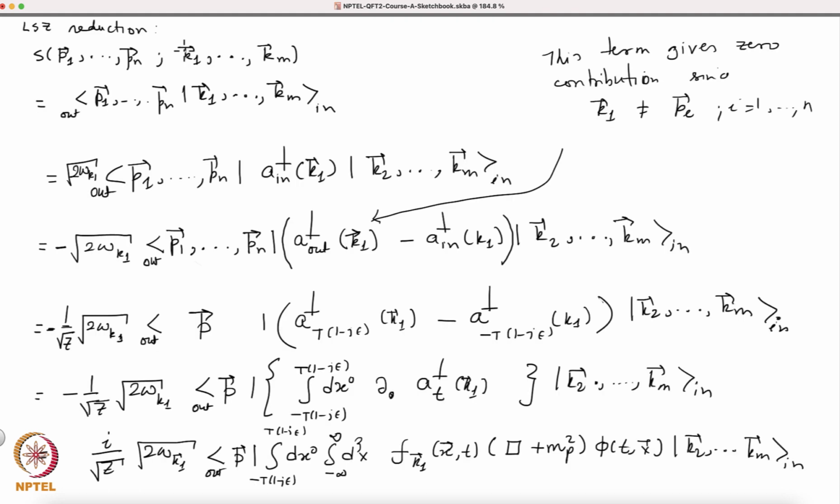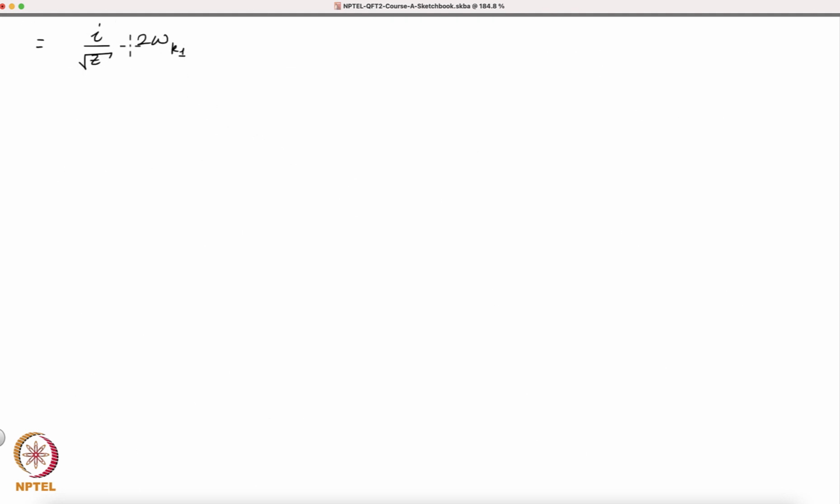So I over square root of z 2 omega k1, okay, that's correct, the square roots. Then you have integral d4x, and we will remember what I said about the limits, f k1, okay.